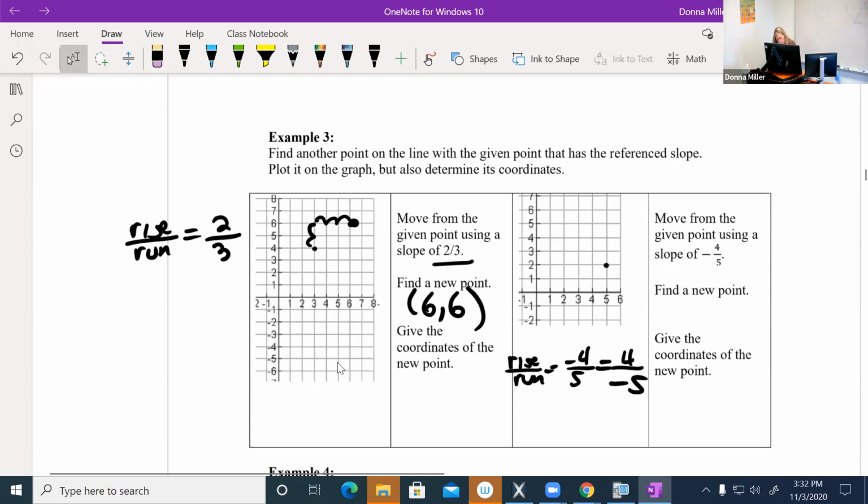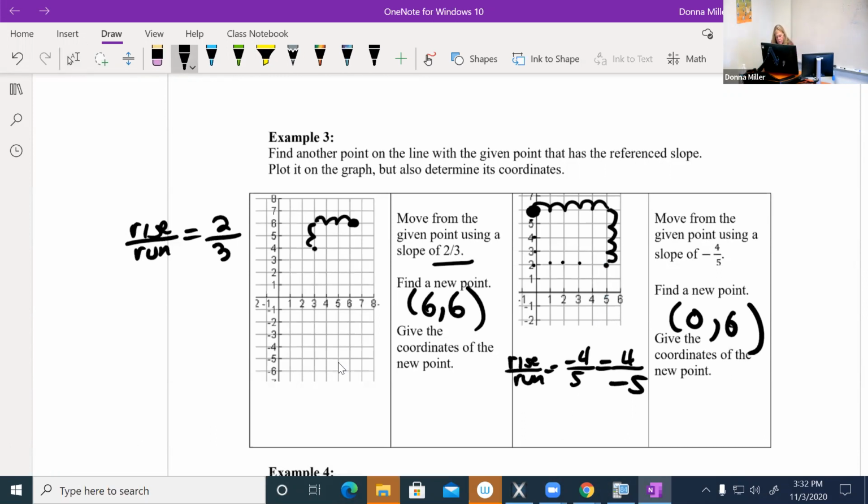So I'm going to go up 4 and 5 to the left. And I end up here, all right? So now I'm at the point 0.6. And you can verify that by going the other way. If I go down 4 and over 5, see, I'm at that point, right? So I know it works, all right? So the point is, if I got one point, I can always get another point, and then my calculator's, like, in business.